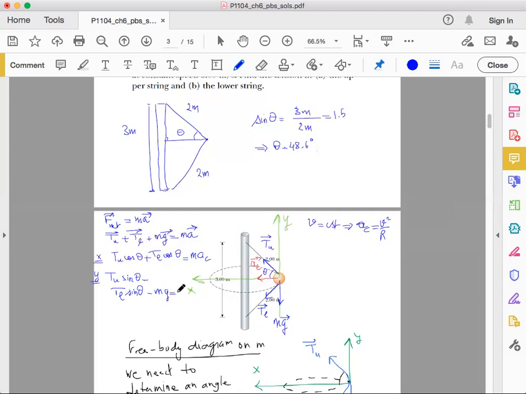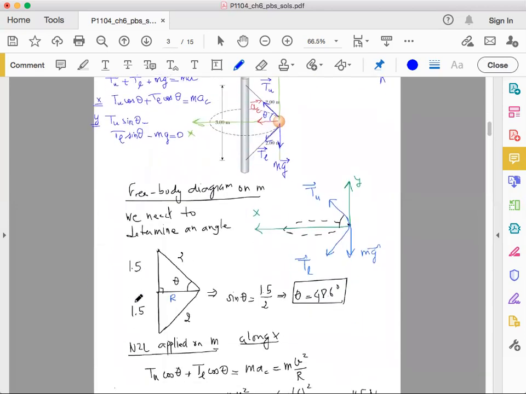All of these forces equal 0 for the simple reason that the bob is moving in the horizontal circle and it's not moving up or down, so there is no motion along the y-axis. So we end up with two equations and basically two unknowns, which are TU and TL. In these equations, theta is known, AC is known, and the mass and g are known. So we end up with two equations with two unknowns, and all we need to do is to solve this set of equations.